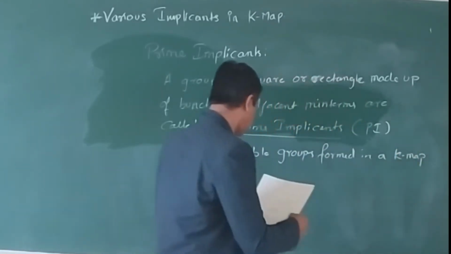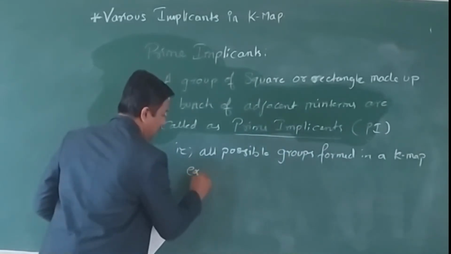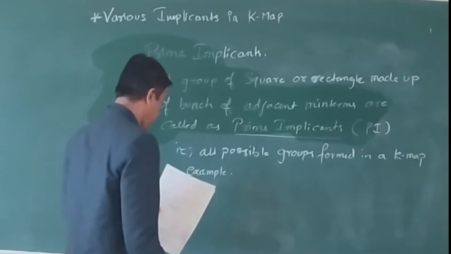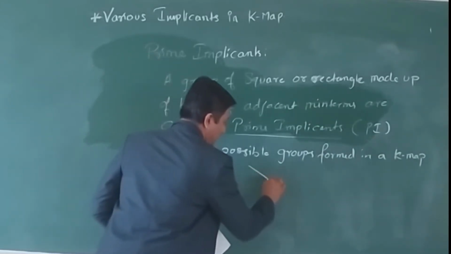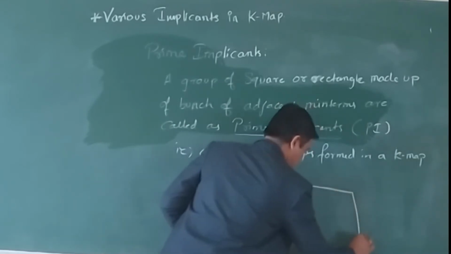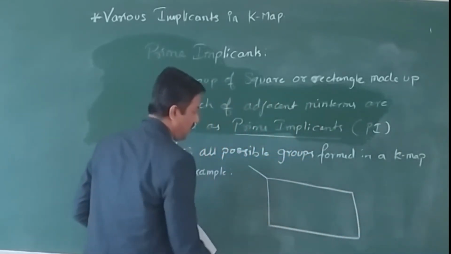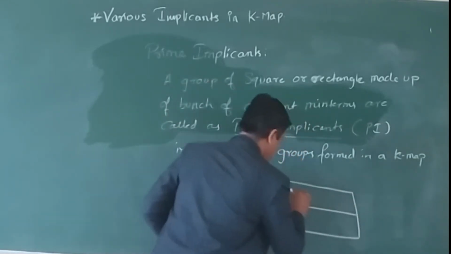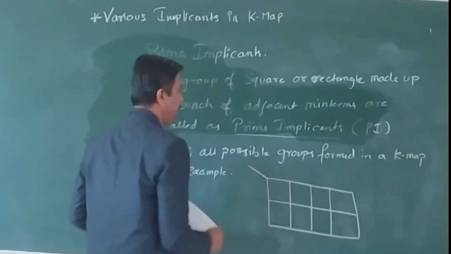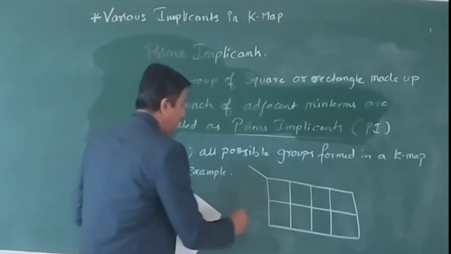Let us take an example. I will just draw a K-map. Here I am taking an example for your understanding of prime implicants.